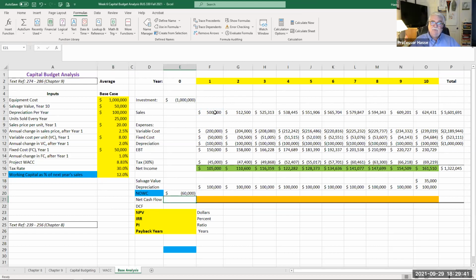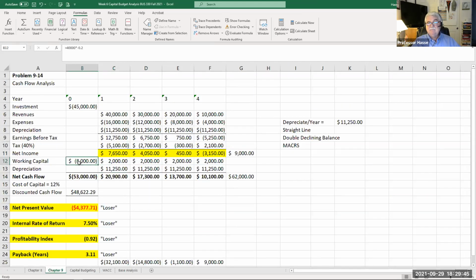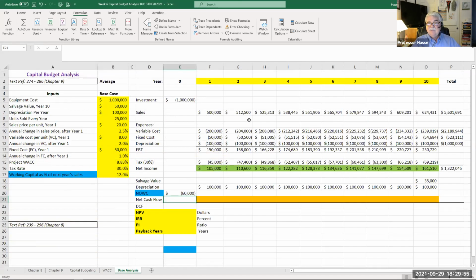We did the same thing last week in chapter 9. But remember, last week, as sales change, so did our working capital. Same thing this week. Sales are changing every year, going up, in this case, with inflation. We're raising our selling price. So that means we're going to have different working capital requirements every year.